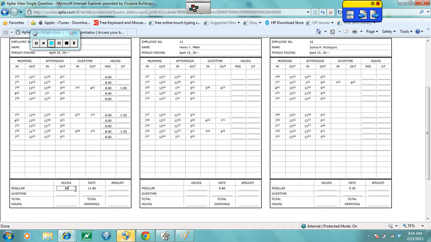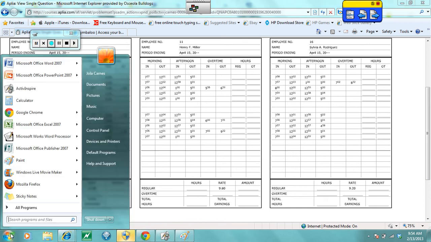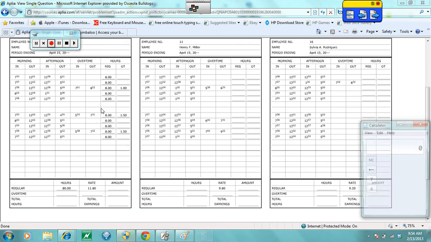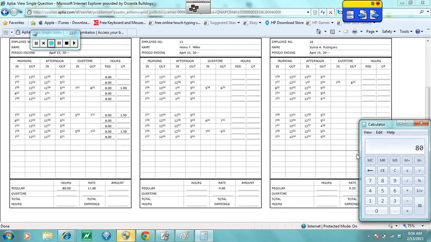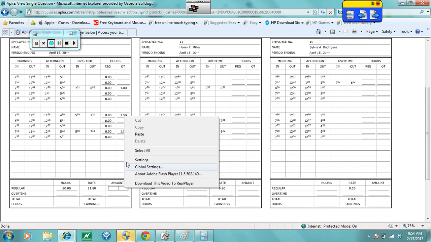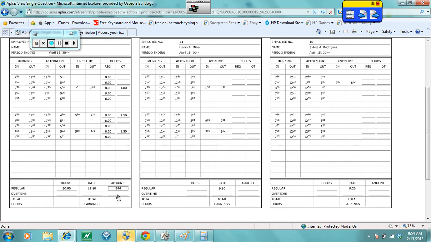Now you take 80 and you times it by the 11.80, and bring up a calculator. And look at this. Add a copy. Paste. Now that looks like a lot, but you have to remember this is 2 weeks.